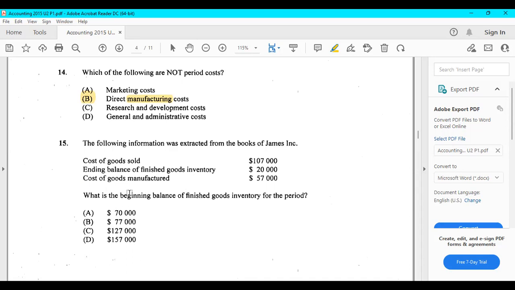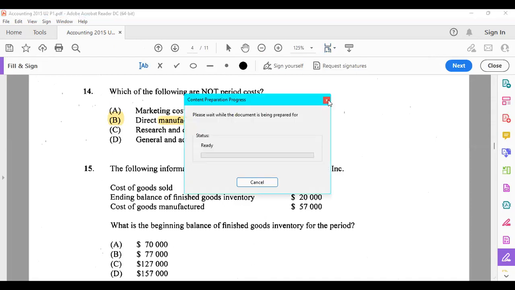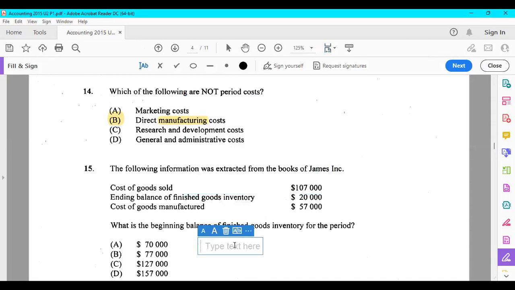So let's plug in what we have. We have all the information. Let me write. So it's your beginning finished goods inventory, FG for finished goods, plus your cost of goods manufactured, COGM, which will give you your available for sale.